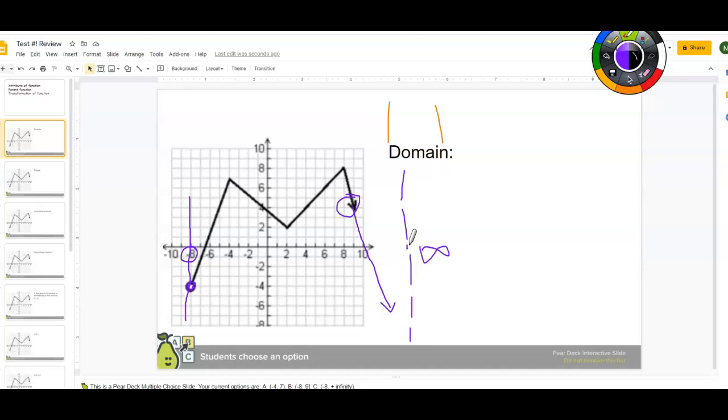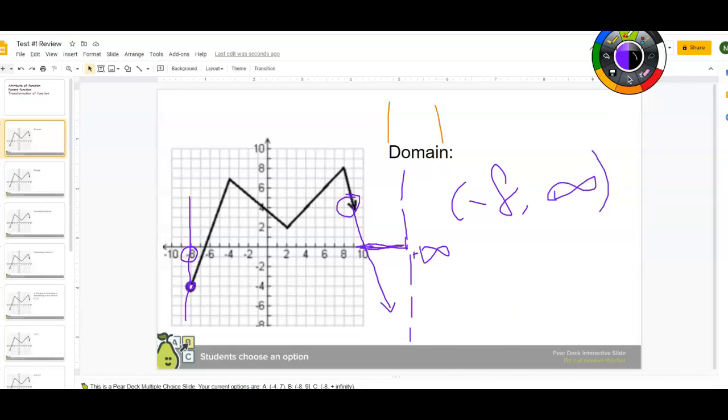Look at your boundary and see where it touches the number line. It touches the number line here, and the numbers on this part of the number line are +6, +8, +10 until positive infinity. So the domain is from -8 to positive infinity.